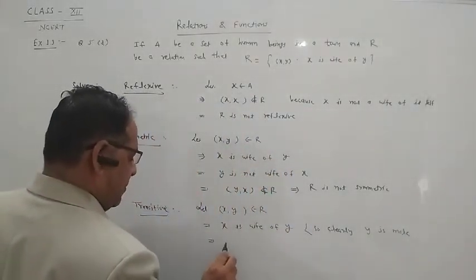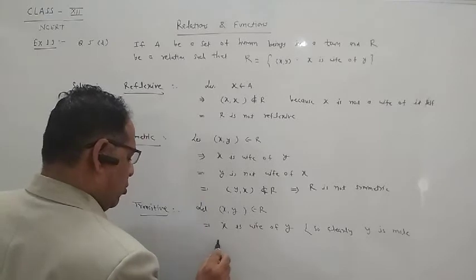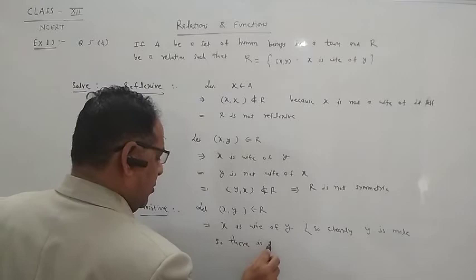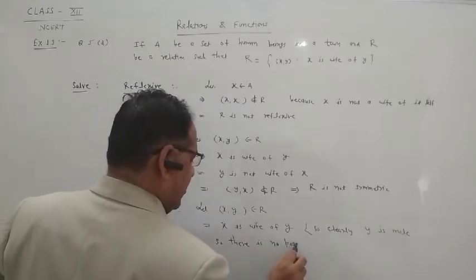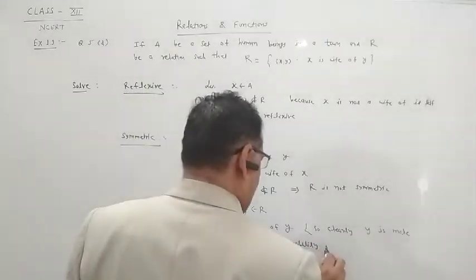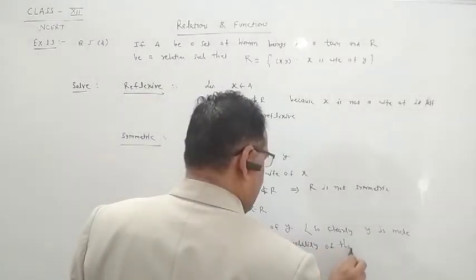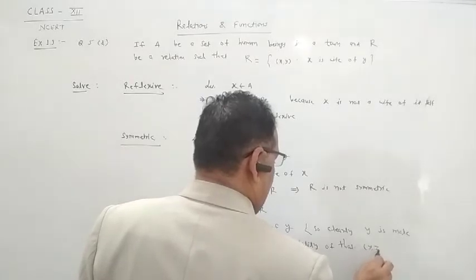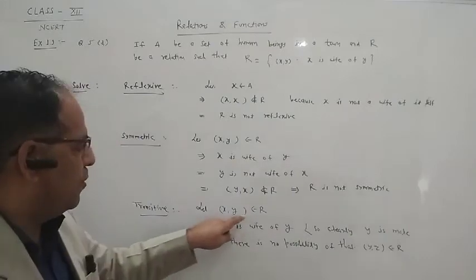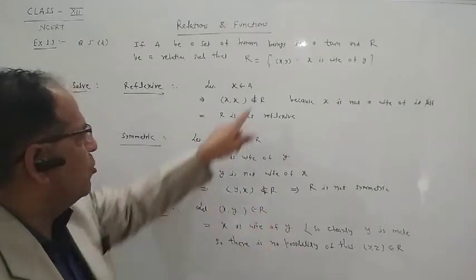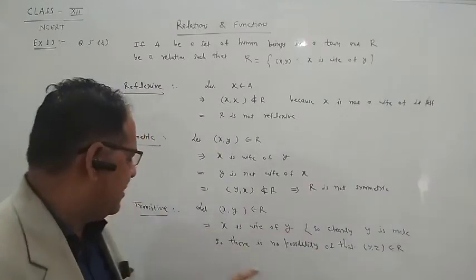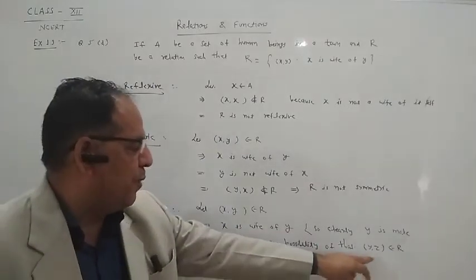This implies that there is no possibility that (y, z) belongs to R. (x, y) belonging to R is possible. So according to the definition, x is the wife of y, that means y is a male person. So there is no possibility that (y, z) belongs to R.